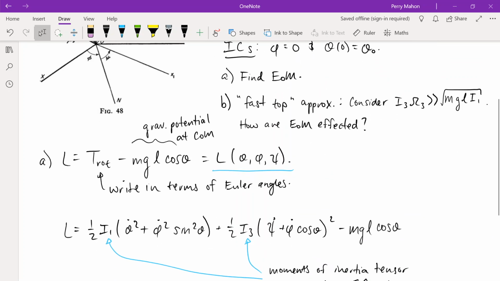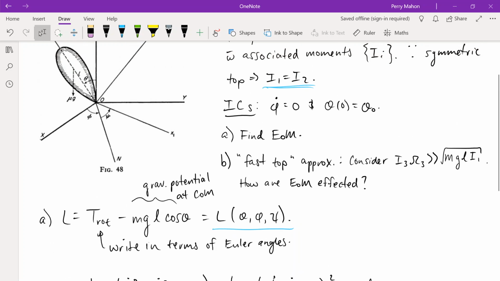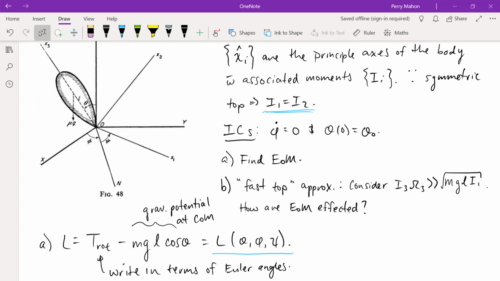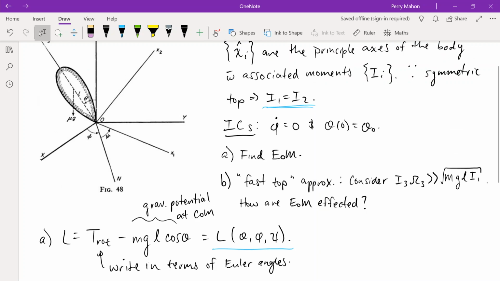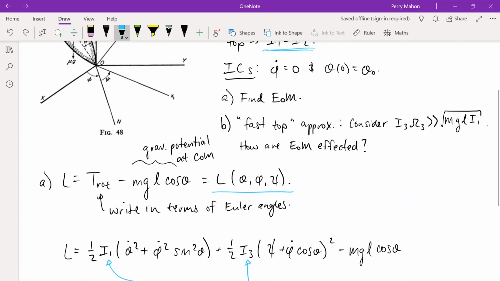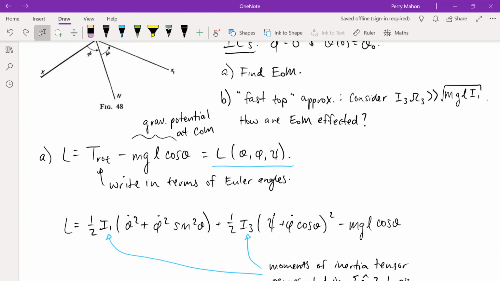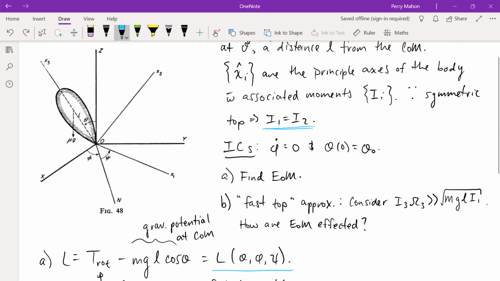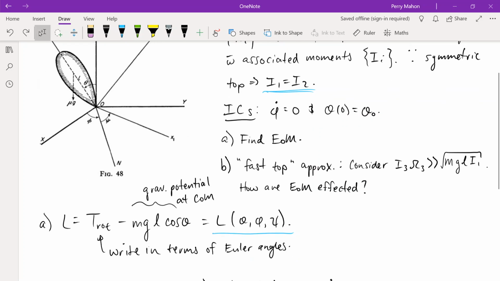Here we chose the origin of the body frame to be at this contact point, and by definition that contact point is static, so it appears as though there's only rotational kinetic energy, as I wrote down here. One important thing to note, though, is that these moments of inertia I1 and I3 here are represented in this x1, x2, x3 basis, where the origin is at this point of contact.